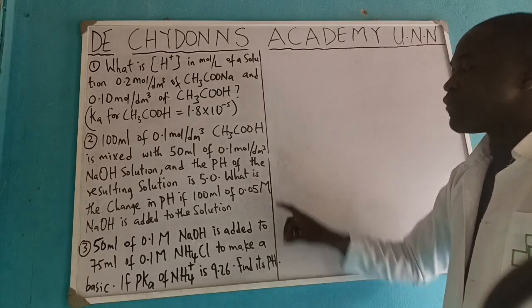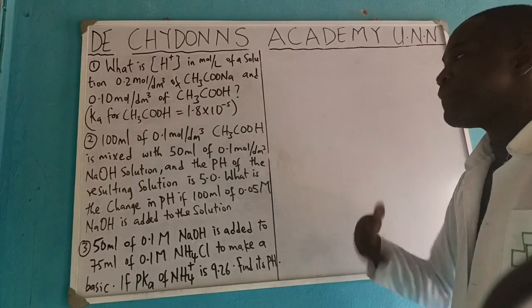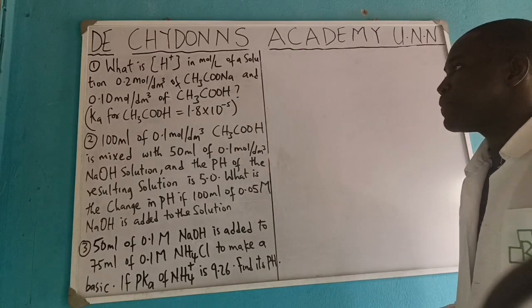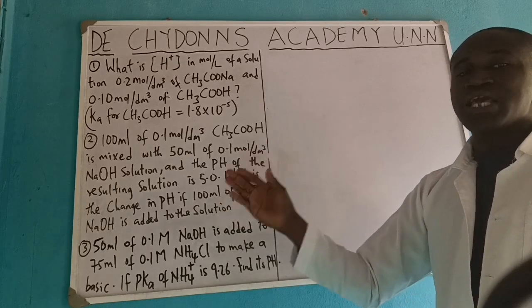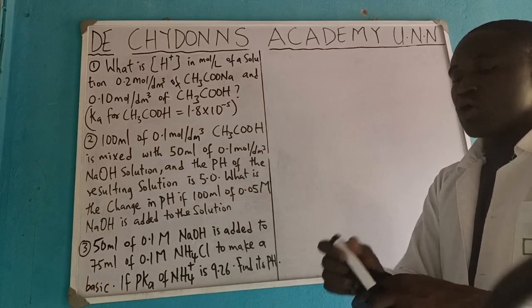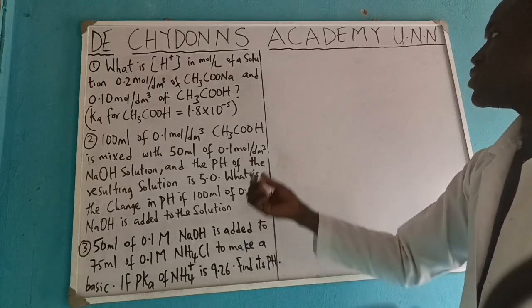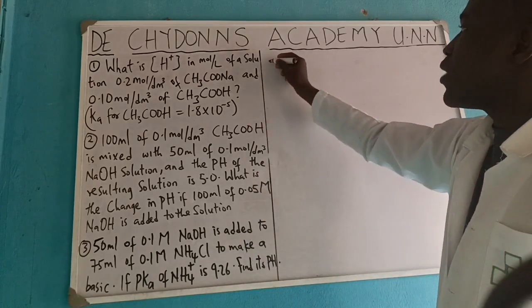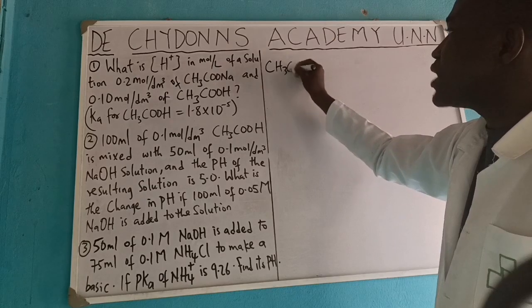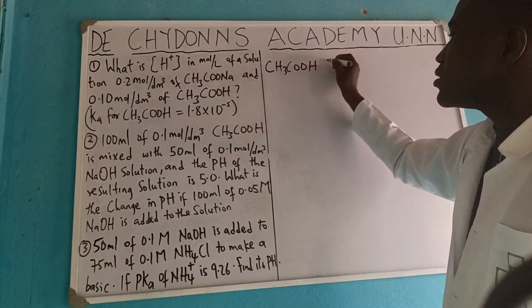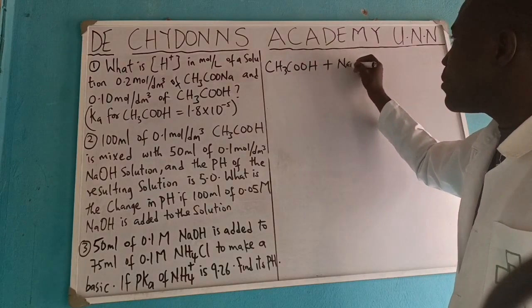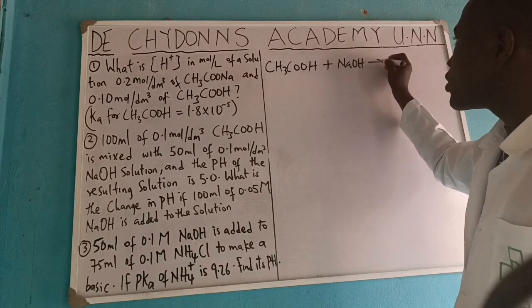Please, it's important for you to know that molar means mole per dm cube. Now, I want to know whether this is an acidic or basic buffer. So, we have to represent what we are seeing with what? Equation. We have acetic acid plus what? Sodium hydroxide to give you what?